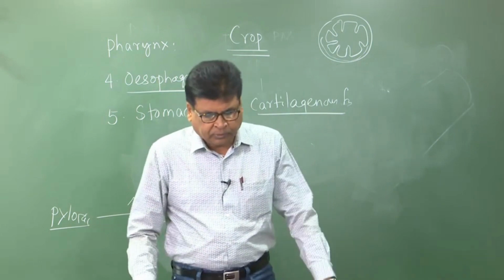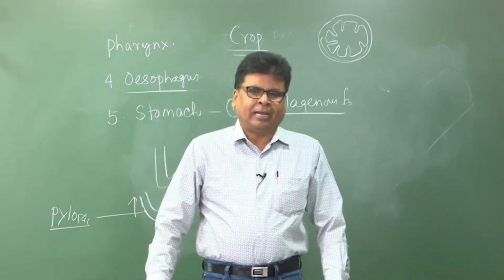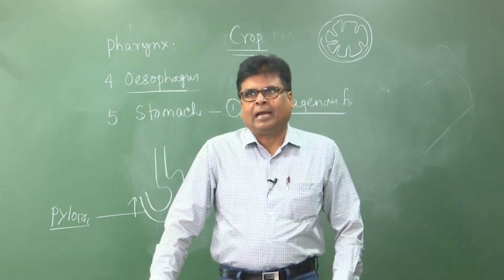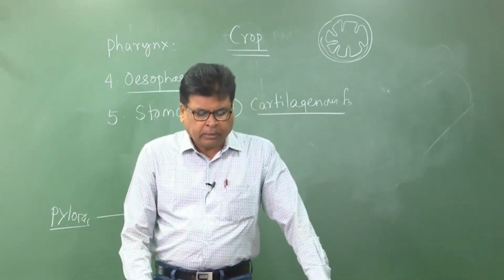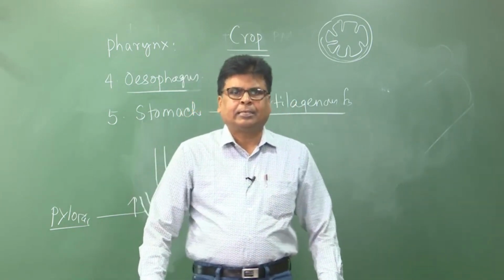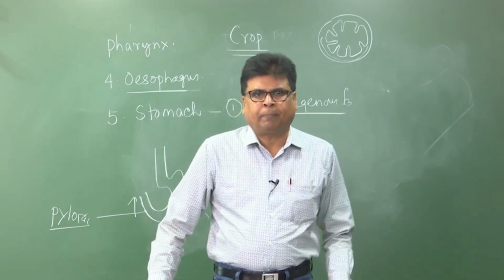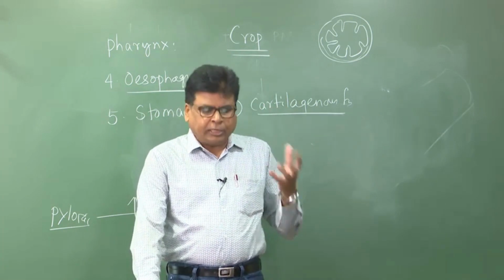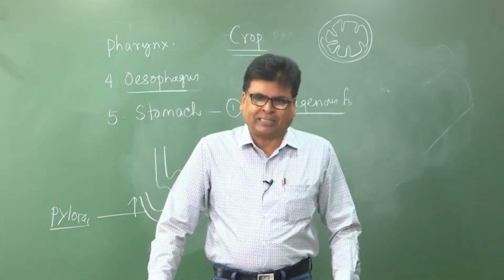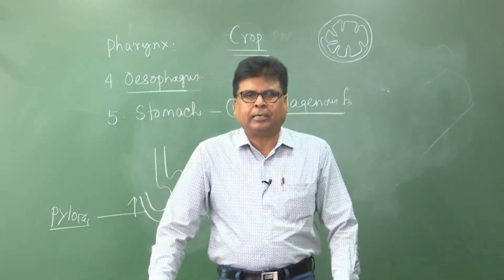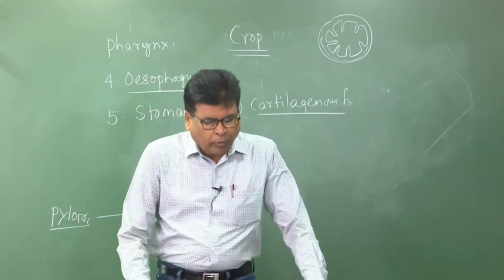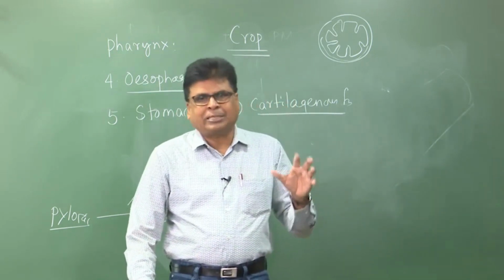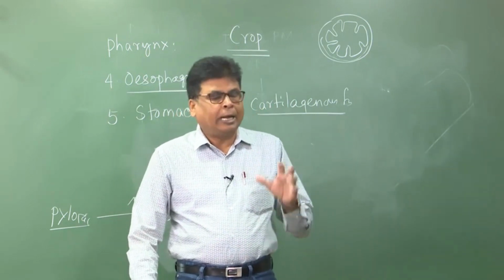The first one is the acid, which is dilute hydrochloric acid, meant for killing bacteria, that is, it acts as an antiseptic agent. Secondly, it also secretes another enzyme known as pepsin. Pepsin actually digests the food material, whereas the acid makes the food material antiseptic.